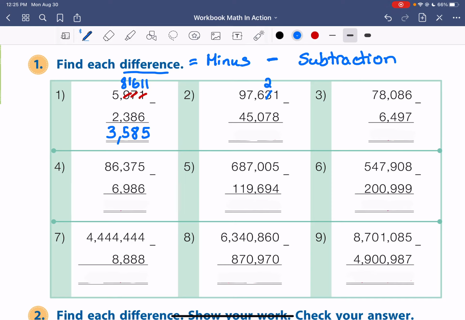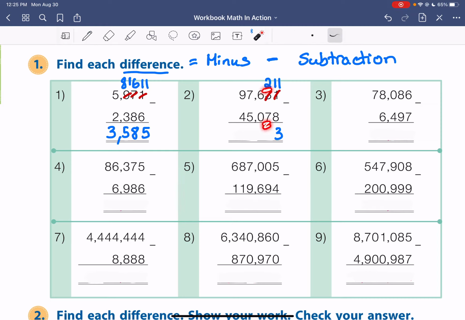This is going to become a 1. Let me write it better. We can just say this becomes 11, right? So 11 minus 8 equals 3.